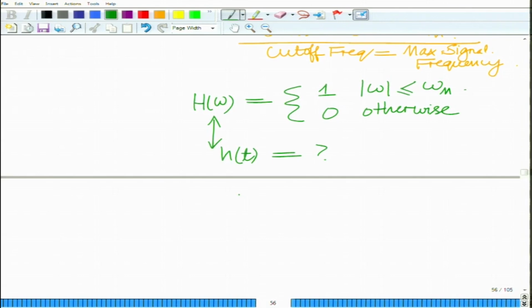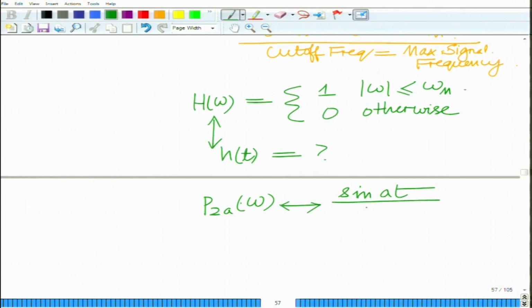We know that the pulse in frequency of width 2a centered at 0 has the Fourier transform sin at divided by pi t, and this we have derived before.